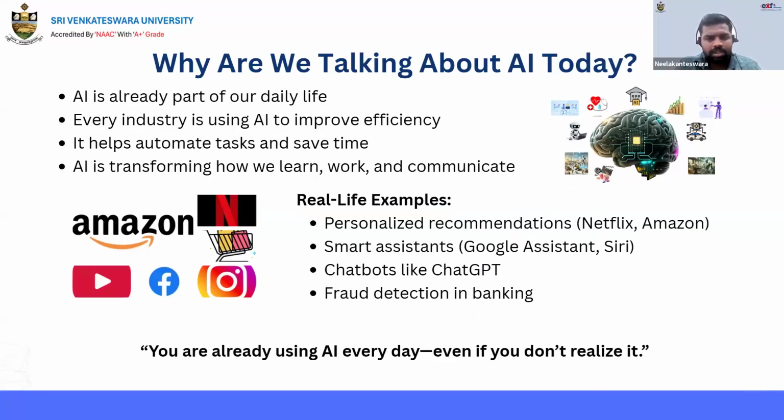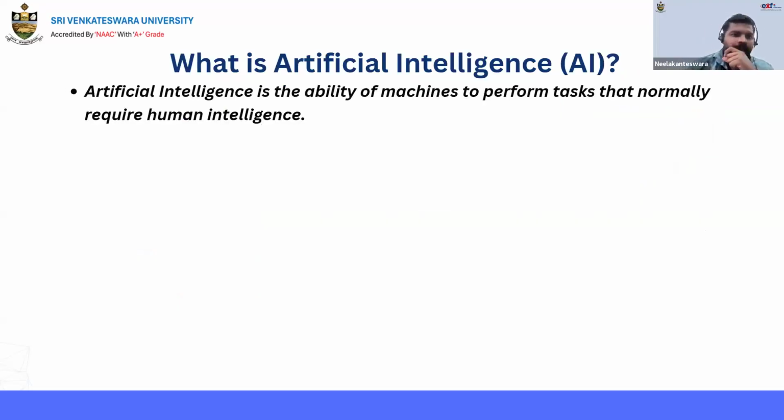Now we have discussed where AI has spread and how far it has spread, right? Now we see what exactly artificial intelligence is. Artificial intelligence, or AI, is nothing but giving machines the capability to think and perform like a human.